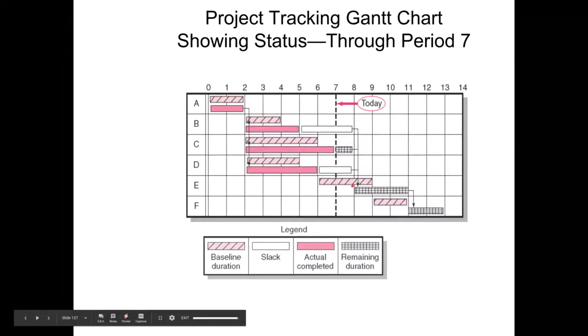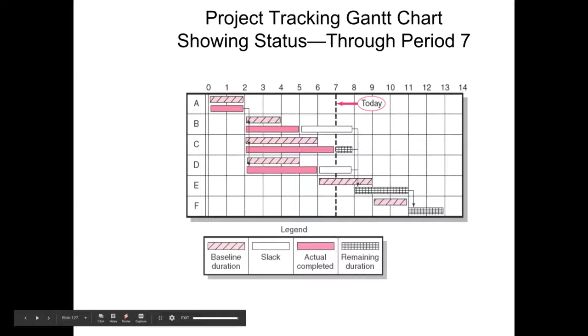Activity E, even though it's taking the right time, has a knock-on impact because it was dependent on them. The delay in activity C has caused a delay in the start of activity E because there was a finish to start relationship. We have to wait for activity C, D, and B to finish. As a result, we have a delay, and this will have a consequent impact on the last activity, and this delay will move on.